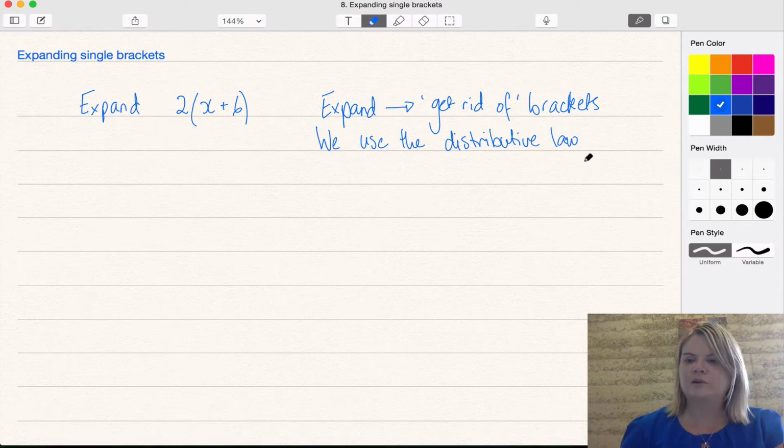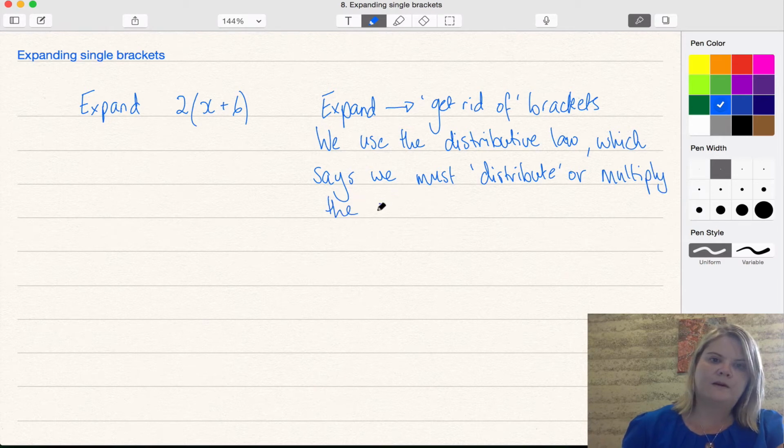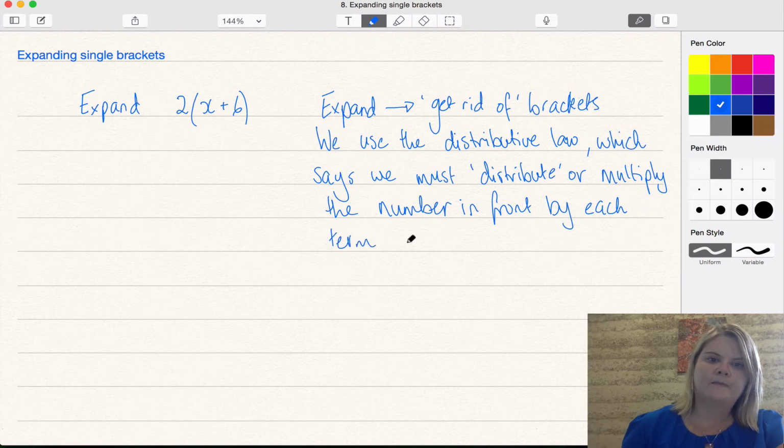Which is a long name for a law, but it means that we need to distribute or multiply the number in front by each term inside the brackets.